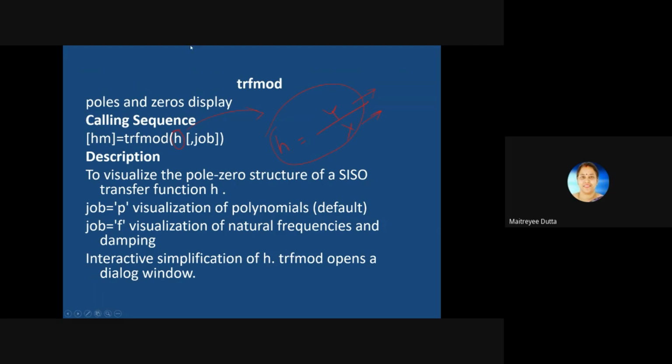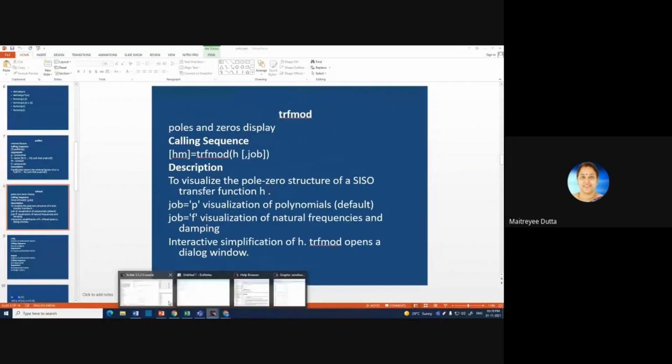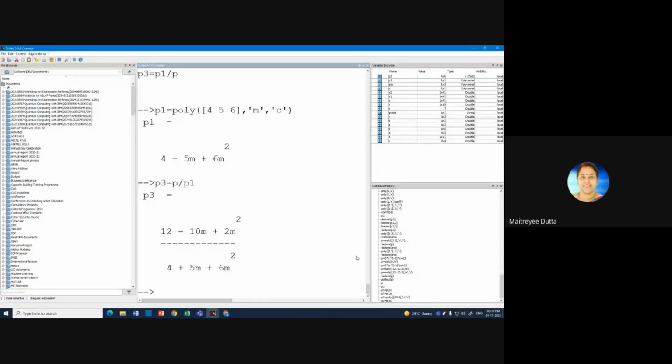So if we write this equation, for example, S equal to TRF mod of H. H is our P3 here. This is my transfer function, and within the bracket we can write what you want to see: the poles, or the natural frequency, or the damping frequency.